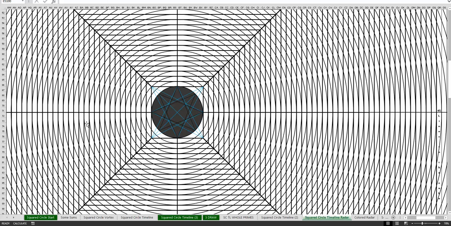So what that gives you is this. You can't really see it the way this is, but if you look real close, you can see that there's a wave that shoots out to the east or the right, a wave that shoots up to the north, same with the west or left and down. These other ones you can kind of see a little bit, but it's not as clear.